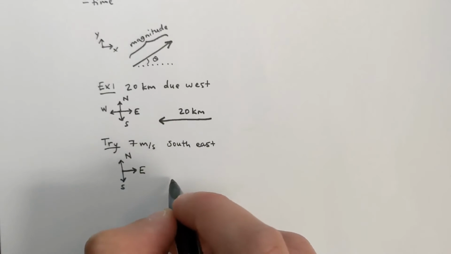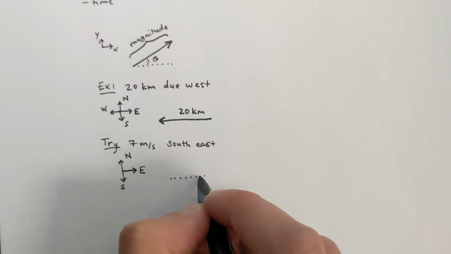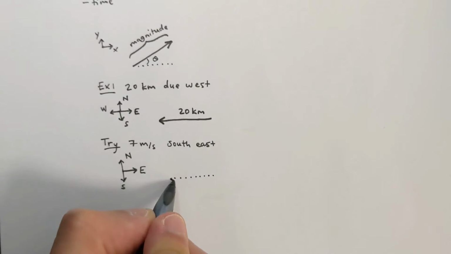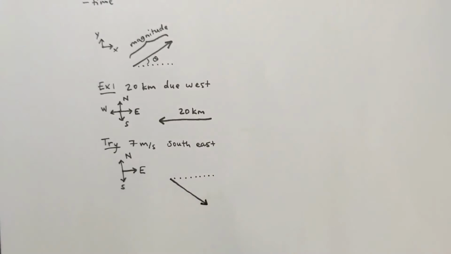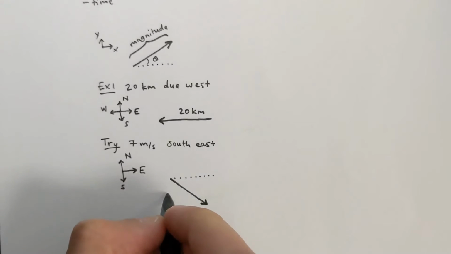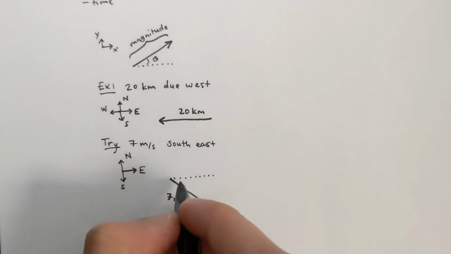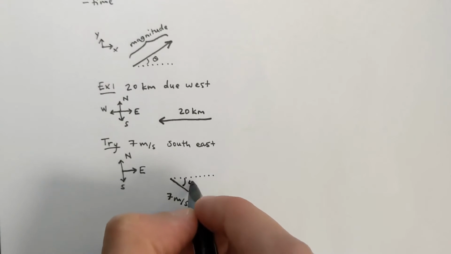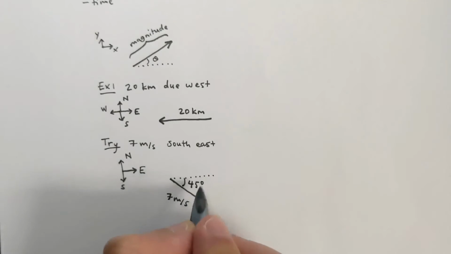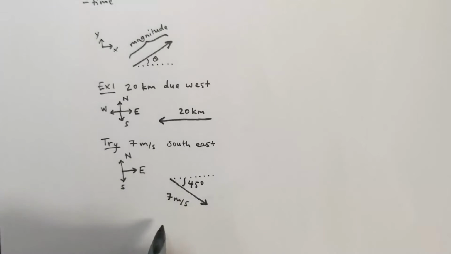So we should draw our vector like this, with a magnitude of 7 meters per second, and it's going to be at a 45-degree angle to the east direction, or a 45-degree angle to the south direction.